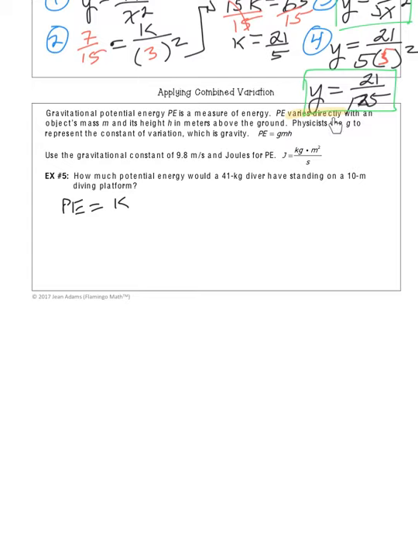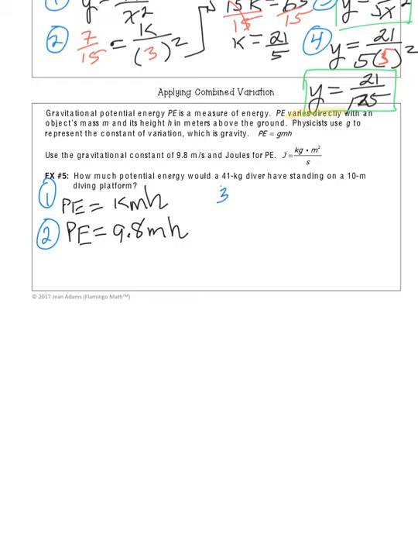So they told us to use 9.8. So I'm going to do PE equals 9.8 mH. Now, I want to make sure that my units of measure come out to be, hopefully, this, because our measure of energy is reading as joules. So we should end up with kilograms times meters squared over second squared. So in this particular one, I am going to show all the units of measure.